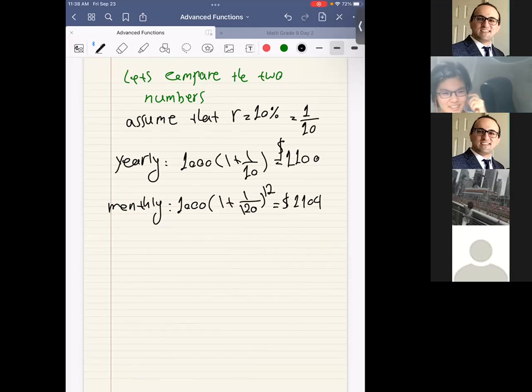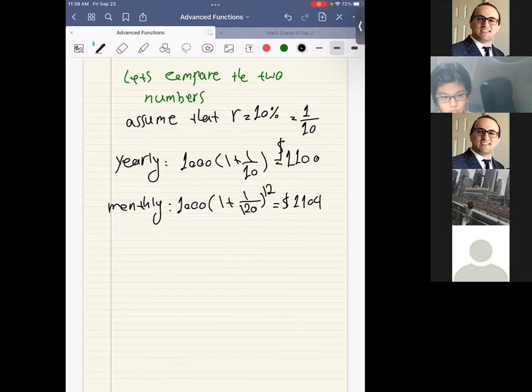Compute it if the rate is computed daily and then hourly, after 1 year. Okay, do it right now.